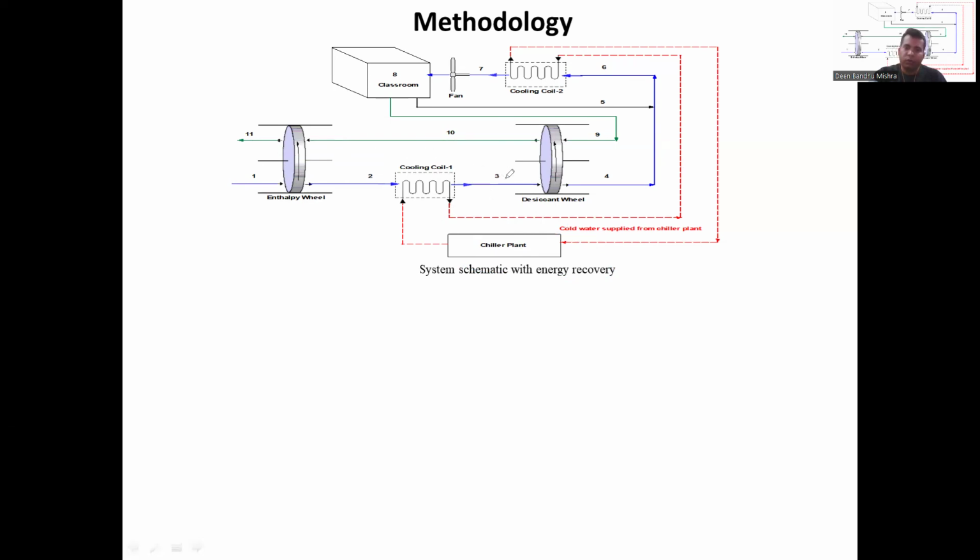Again, at point 2, the supply air passes through the desiccant wheel, where it exchanges humidity with the room exhaust air, which is shown at 9 to 10, before mixing with the recirculated air.